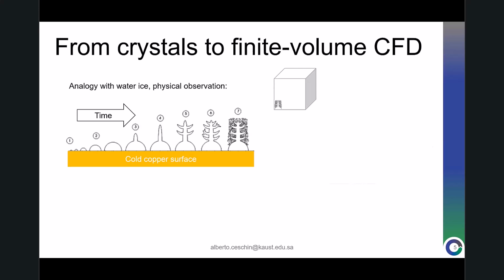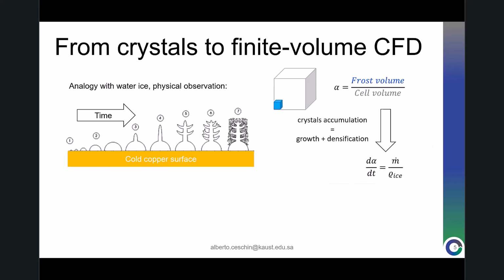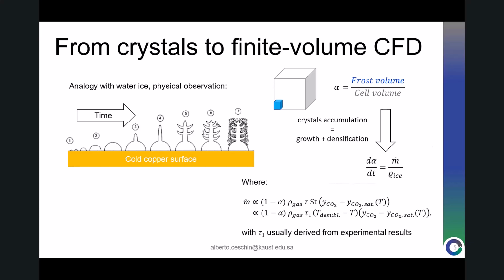We are not crossing the liquid region, so we are neglecting droplet nucleation for now, and we are taking care of frost that will occupy a portion of our volume in our computational grid, for example. So we can define a color function that is the frost fraction inside our computational cell, and then we can solve an ODE for this frost fraction, and we will have that the frost densification and growth is given by a certain rate.